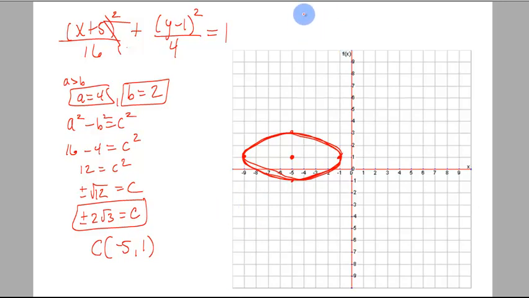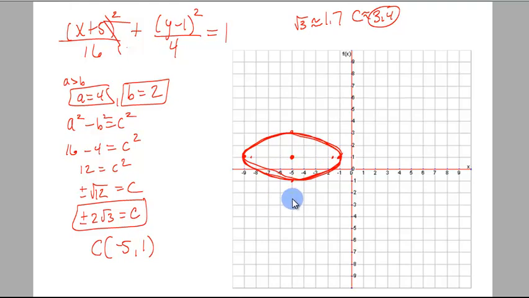So square root of 3 is approximately 1.7, and then multiply that by 2. So we're looking at about 3.4. So 3.4 is my C value approximately. So that means from the center, if I go over 3.4, 1, 2, 3, and then about right there, and 1, 2, 3, and about right there, those are where my foci are.